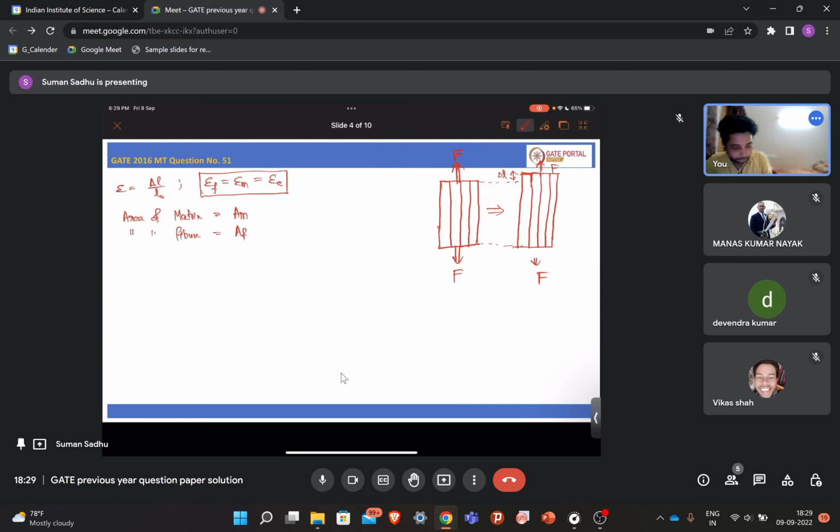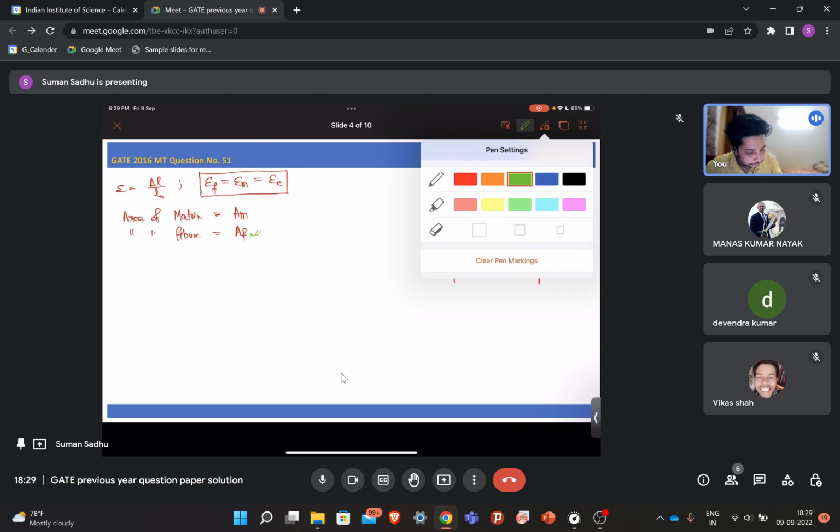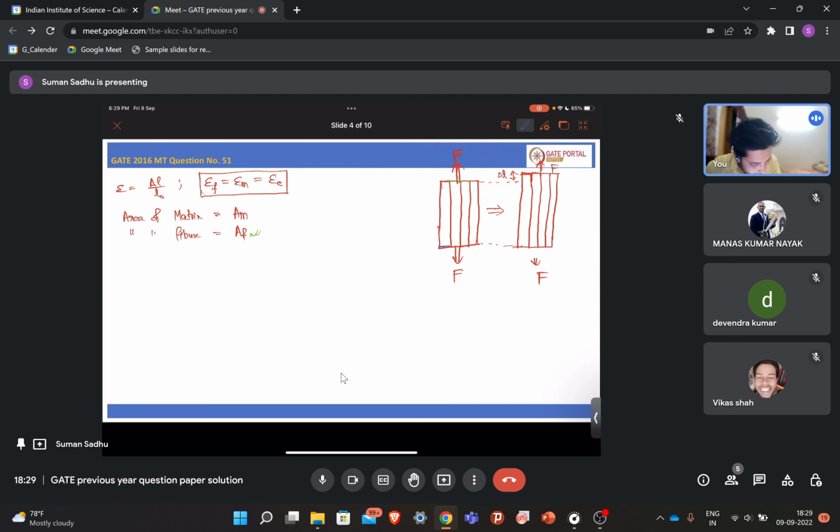That means the area of all the fibers together. If you accumulate this total area, the fiber is AF, and if you accumulate the matrix part, this area plus this area plus this one, let's say it is AM.